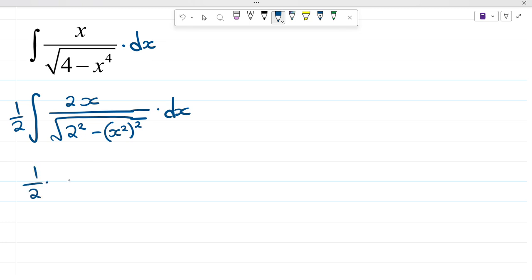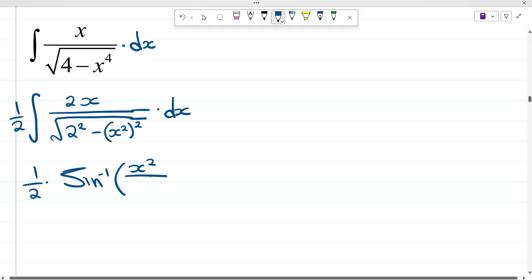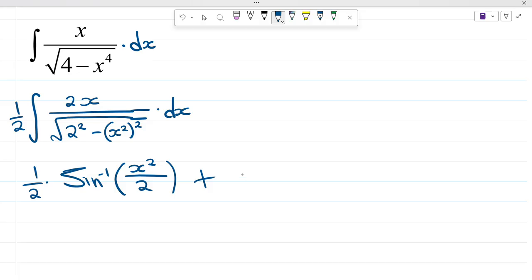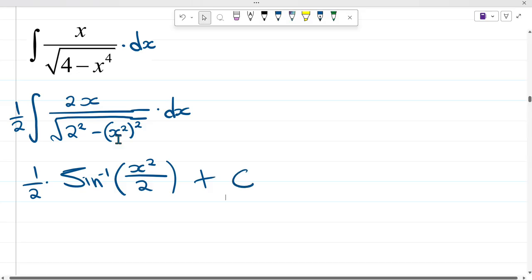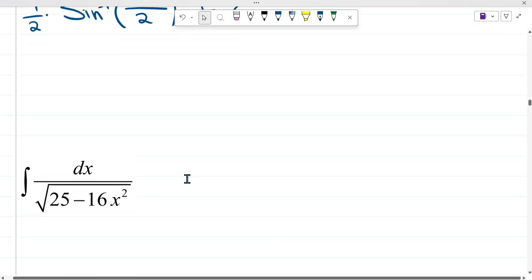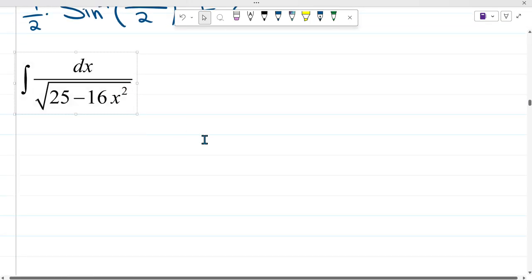The formula of sine inverse does not have 1 over a, so you just say sine inverse of what? f of x is just x squared, over a, your a being 2, and then plus c. Then ta-da, that's just it. You have your answer. Simple as that.